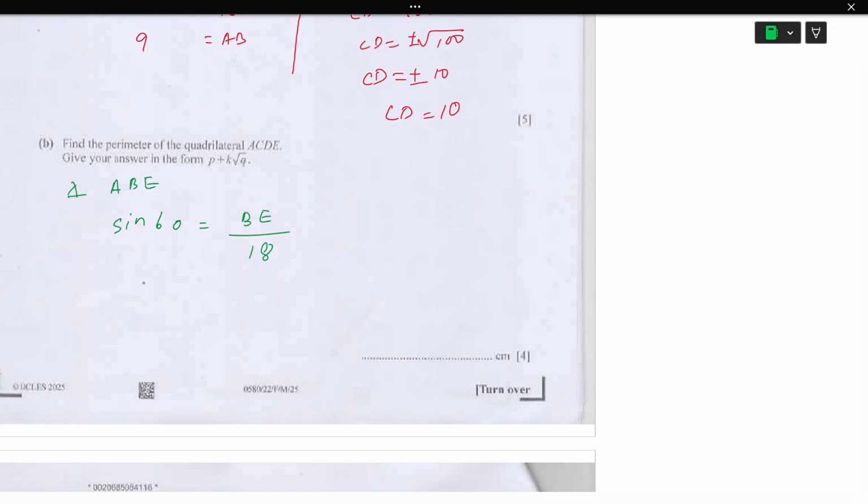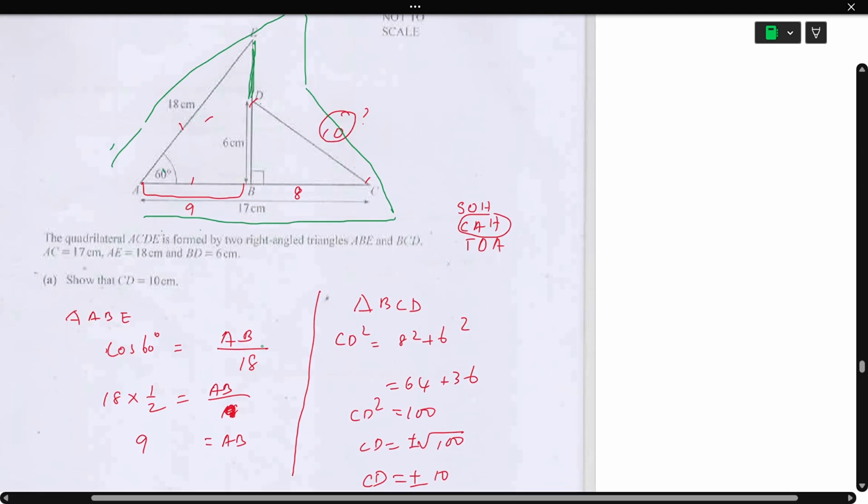So here sine 60 is root 3 by 2. Root 3 by 2 equals BE by 18. So root 3 by 2 times 18 equals BE. So this is going to be 9. BE equals 9 root 3. I got BE equal to 9 root 3.